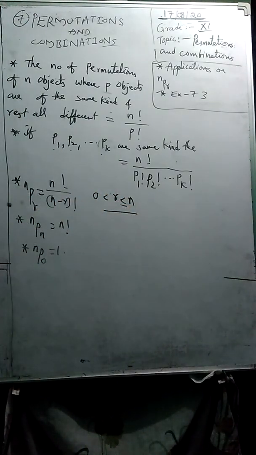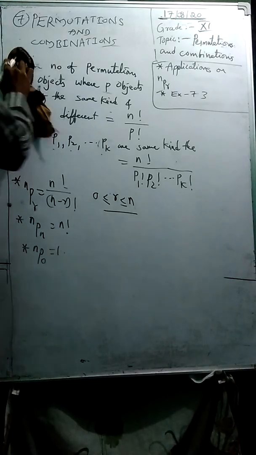We will apply this formula wherever required, friends. This is the way to solve problems related to this. After we get these standard results and formulas, we will solve the problems in exercise 7.3.